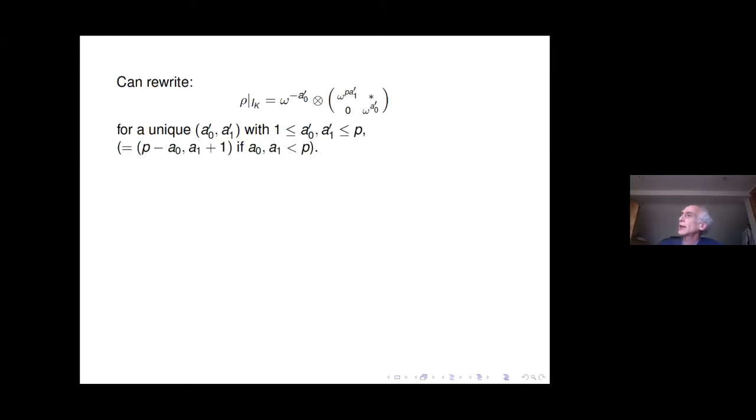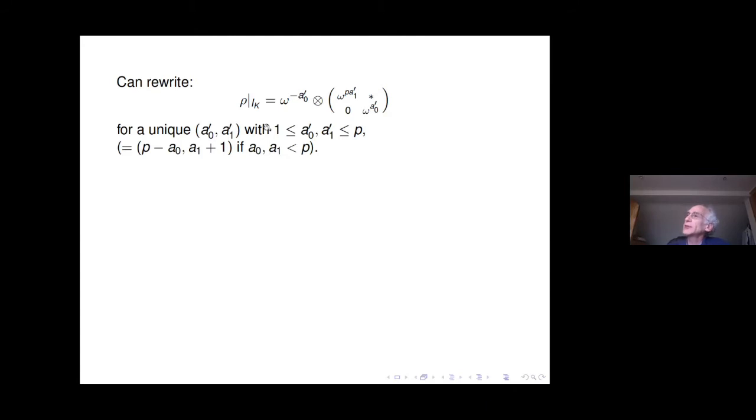And then to see what other small weights of crystalline lifts can arise, what you can do is twist the representation in such a way to get small powers of the fundamental character on the diagonal.